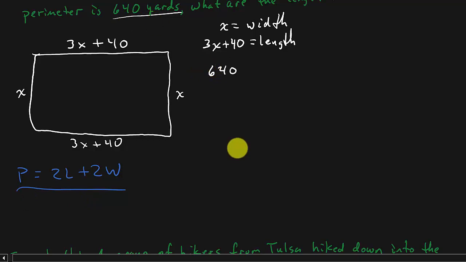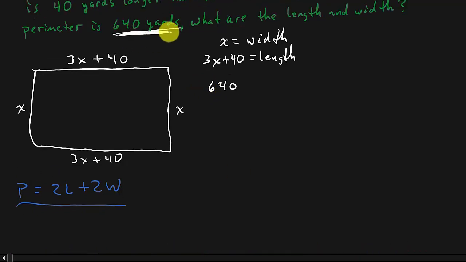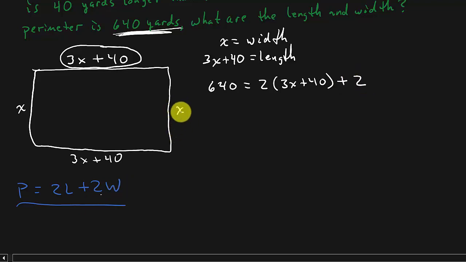That's what they give us here, is equal to twice the length. So what's the length? That's 3x plus 40, plus twice the width. So twice the width, what's the width? It's x.